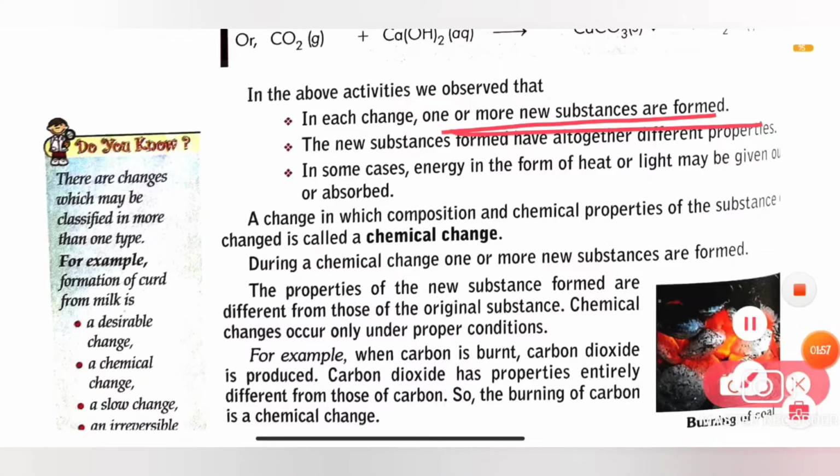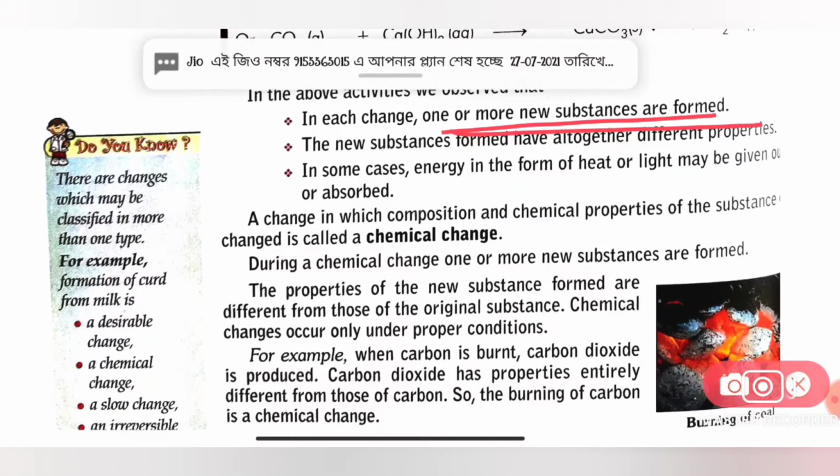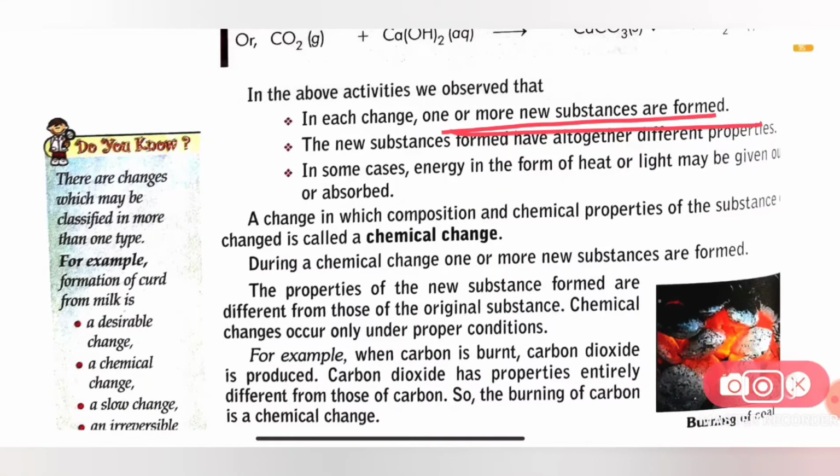You can see that the new white powdery substance which we are calling magnesium oxide is formed. The new substance formed has altogether different properties. The new substance that is being formed has different properties.